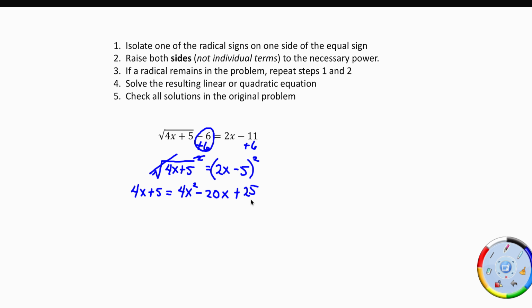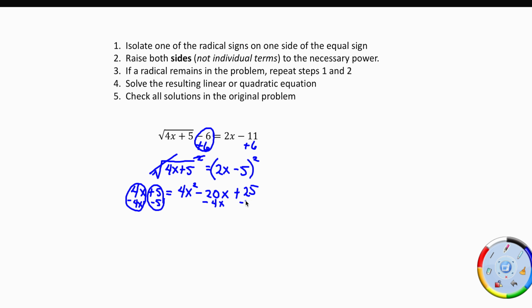Notice we did not get simply 4x squared plus 25. However, I did get an equation without a radical in it. It's now a quadratic equation. To solve that, I need to set it equal to 0 and try to factor it.